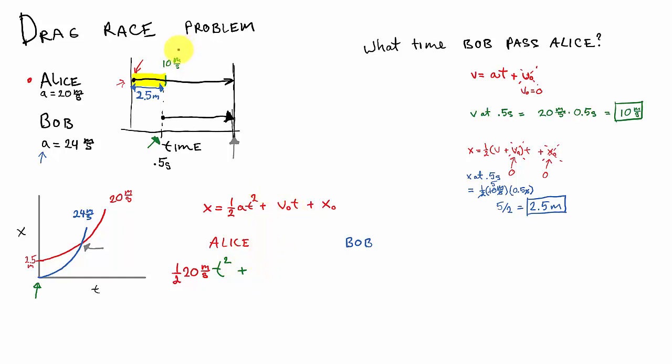Now our velocity initial is here, 10 meters per second, times time, plus x initial, and our x initial is right here.